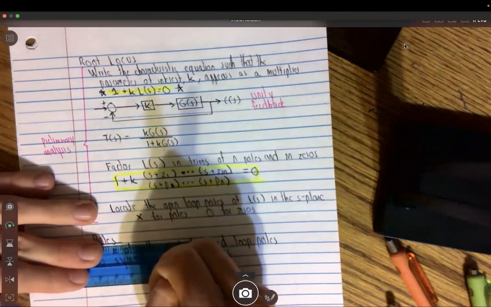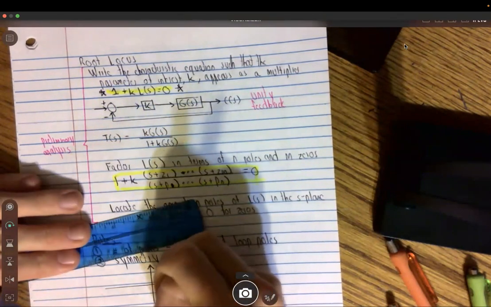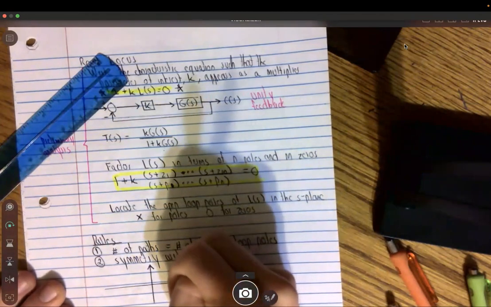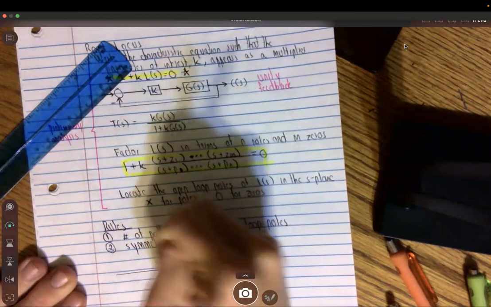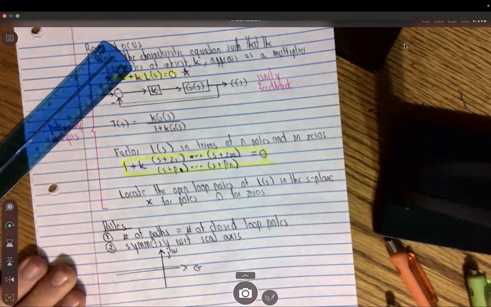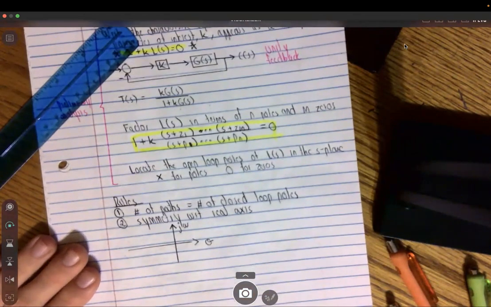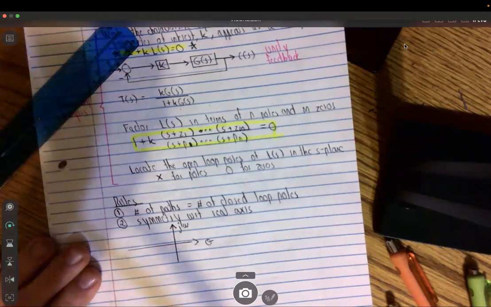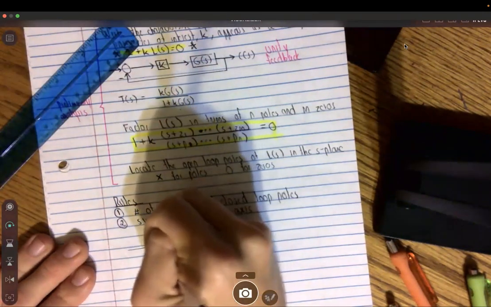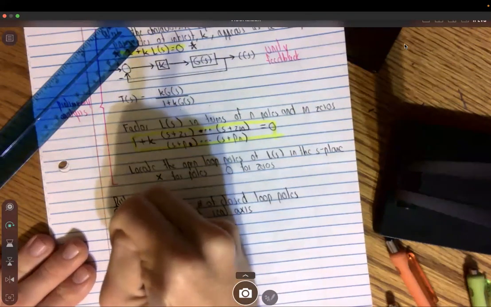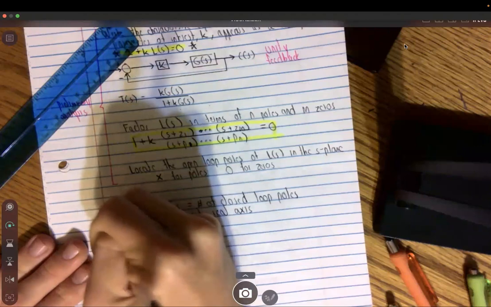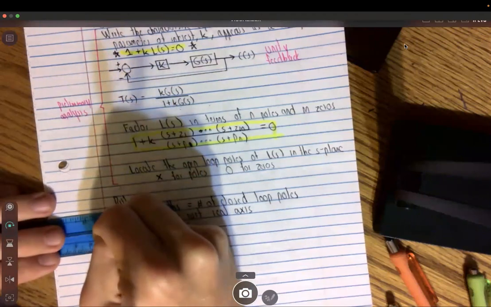Okay. So now that we've seen that, let's look at a visual to get a good cue behind these two rules. For our visual example, remember, we're dealing with the S-plane, so we have sigma on the real axis and j omega on the imaginary axis. And we're going to say that our poles are at -1 and -2, and then we have a 0 at -3, and another 0 at -4.